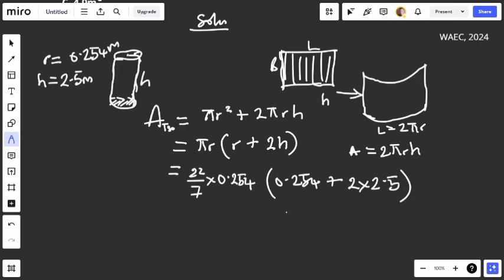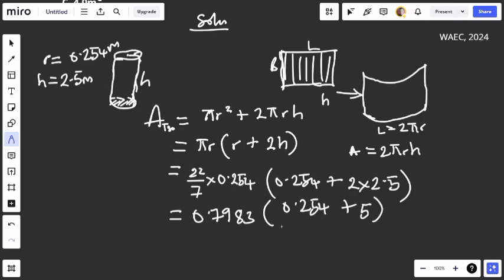If you punch this correctly into your calculator, you'll have 0.7983 approximately, and 0.254 plus 2 times 2.5, which is 5, gives 5.254.